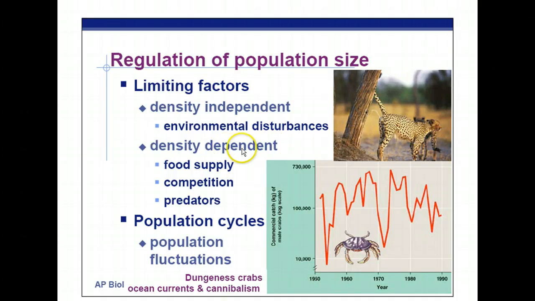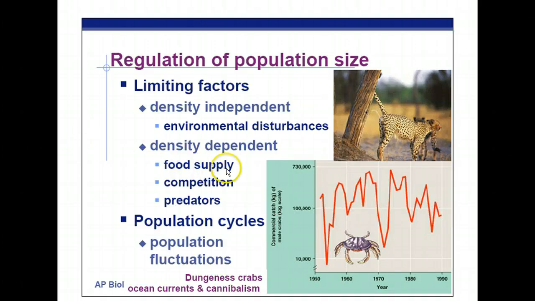Density-dependent limiting factors refers to things that become more of an issue, a death rate that increases as the population becomes more densely crowded. For example, if you have a food supply that's limited in an ecosystem and we have a very dense population, the dense population of organisms is going to use up that food supply faster, and there's going to be a higher death rate much more quickly.